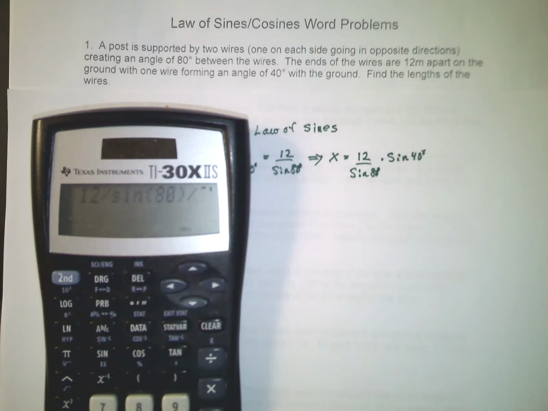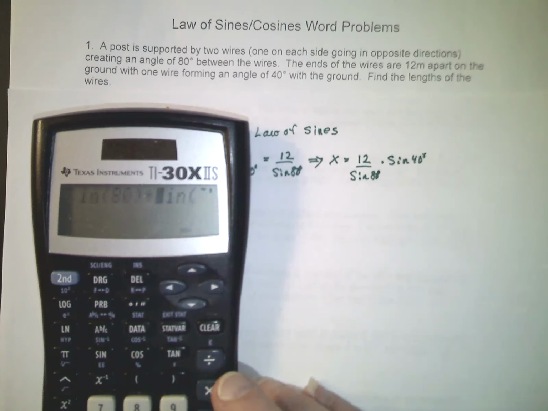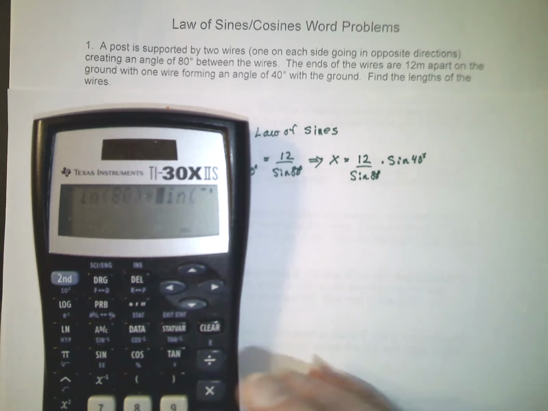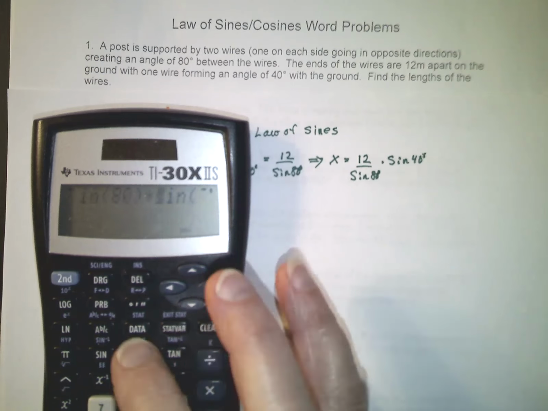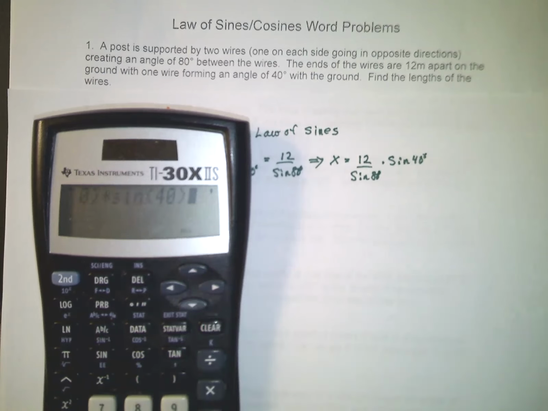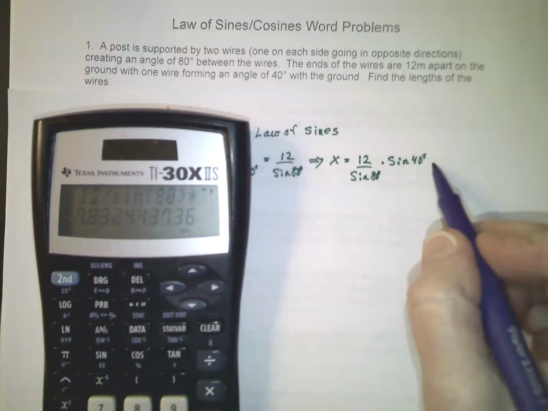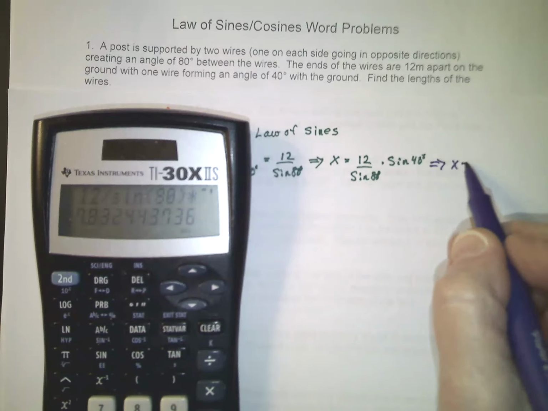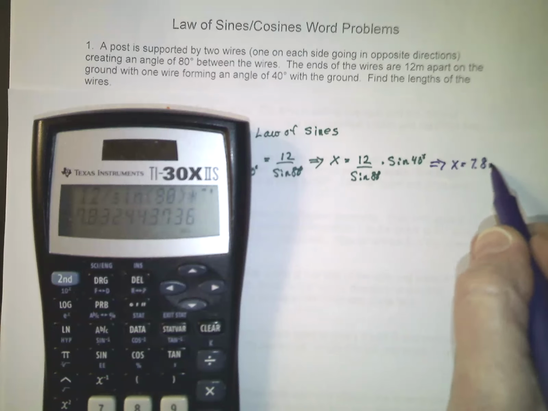So it does help if you type it in the calculator correctly. Instead of divided here, I should have said times the sine of 40 degrees. That gives us a much more reasonable answer. So that would imply that X is 7.8 meters.